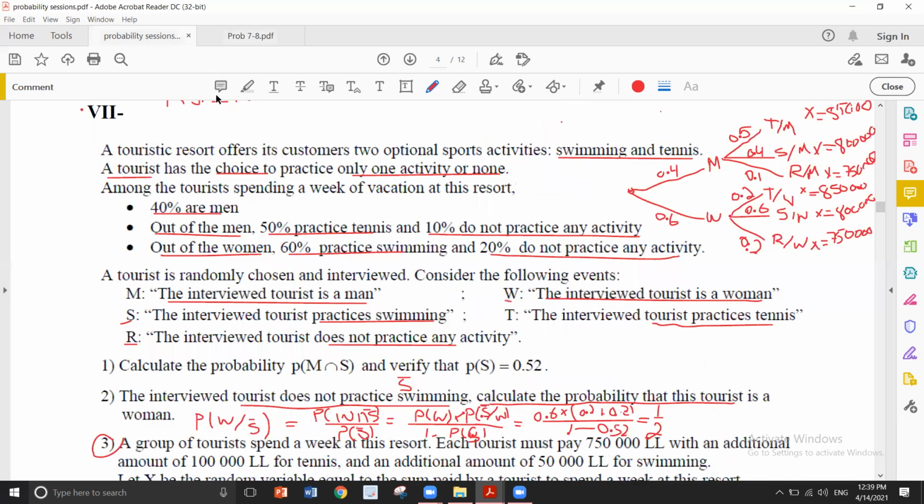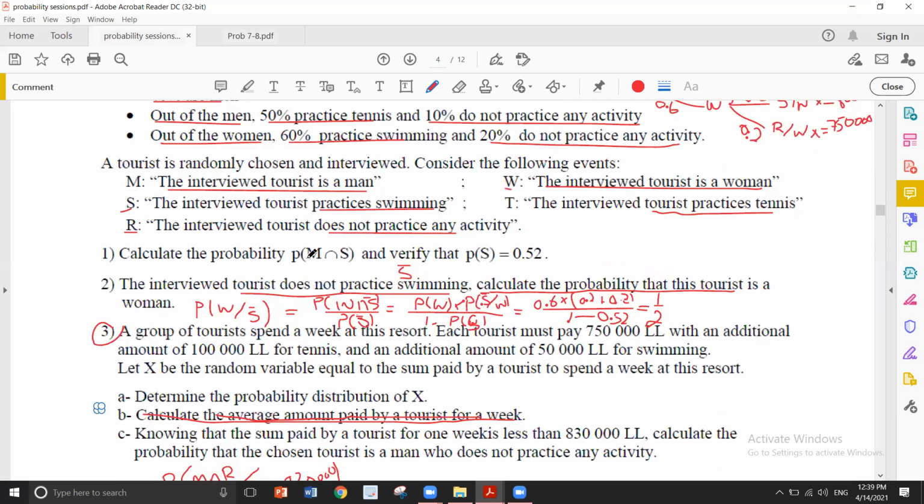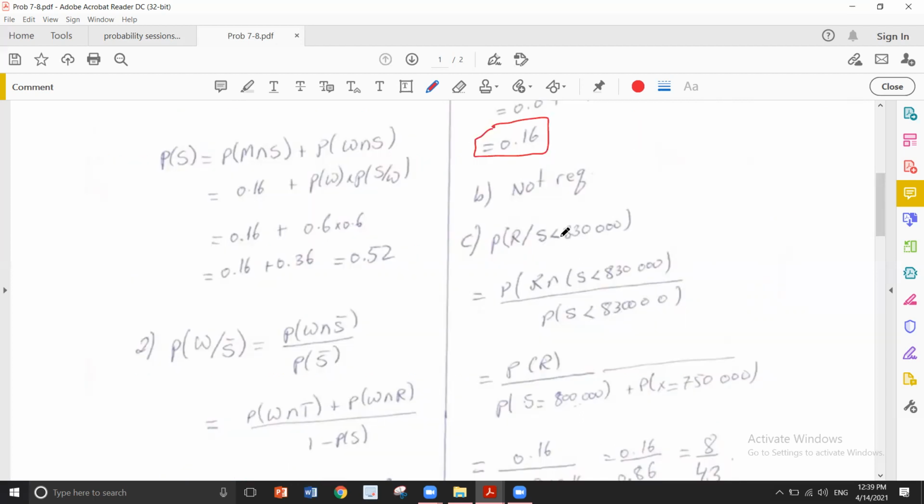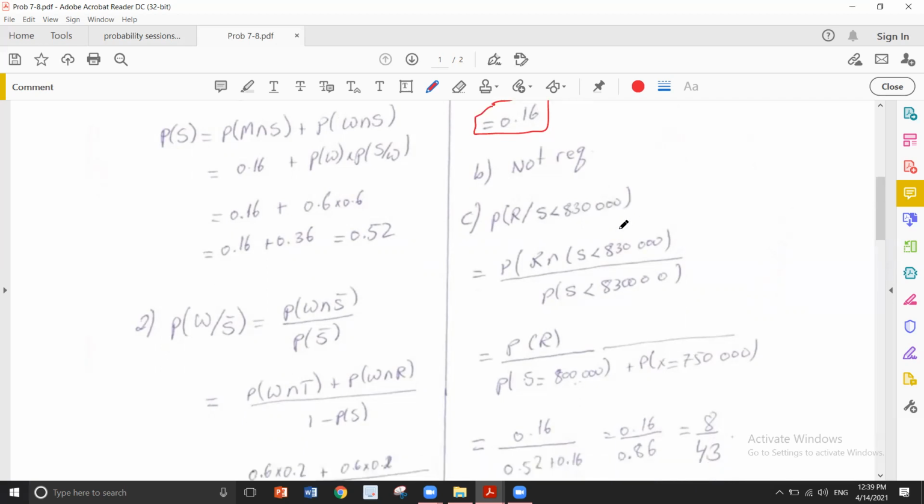We needed a man. So the probability of R given S less than 830,000 equals the probability of R intersection S less than 830,000 over the probability of S less than 830,000.